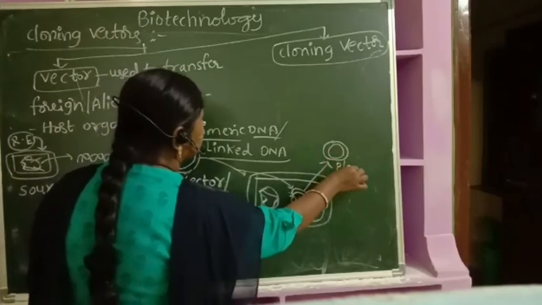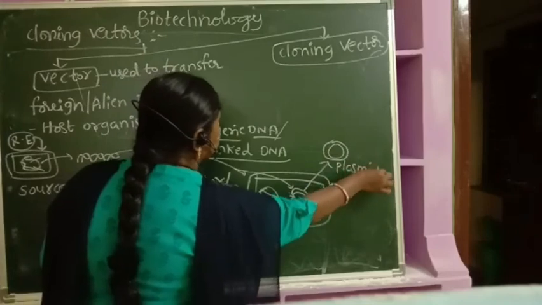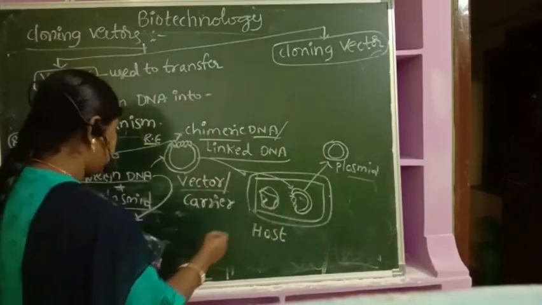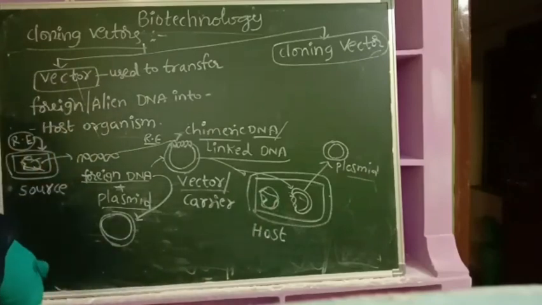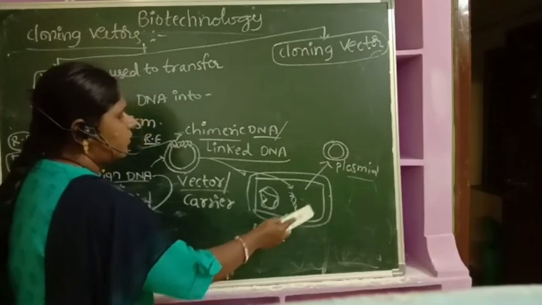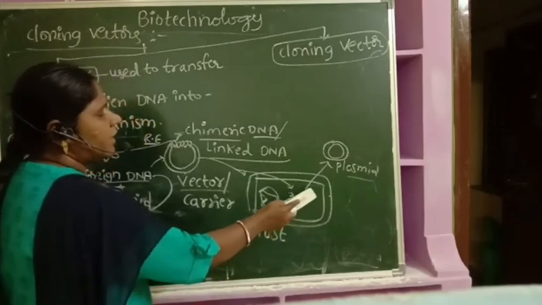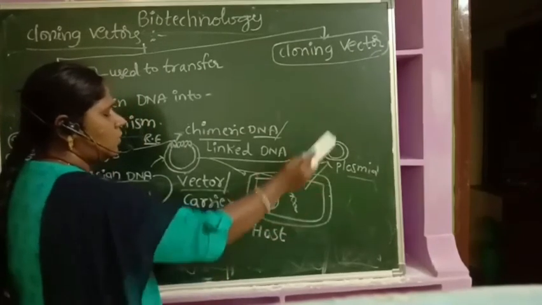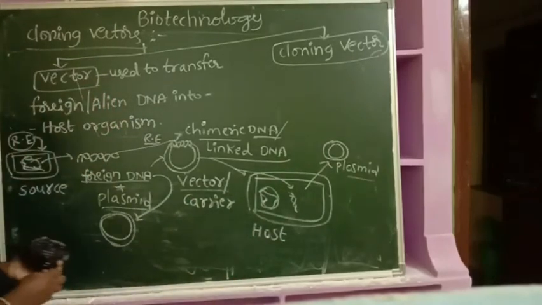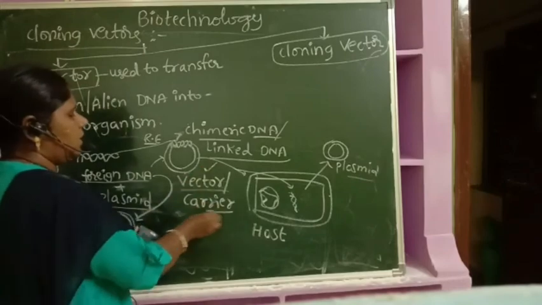This is the plasmid, so it is used for transfer of genetic material. After coming here, it enters inside and drops the alien DNA. After dropping the alien DNA, the plasmid goes out of the host organism. Then that is called a vector or a carrier.